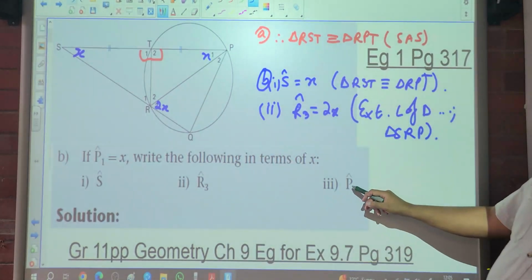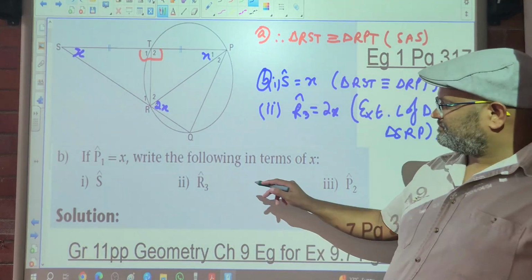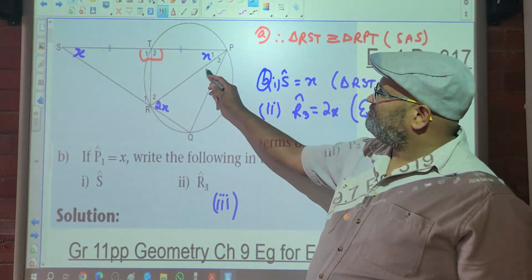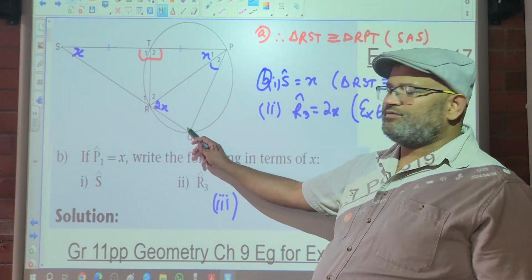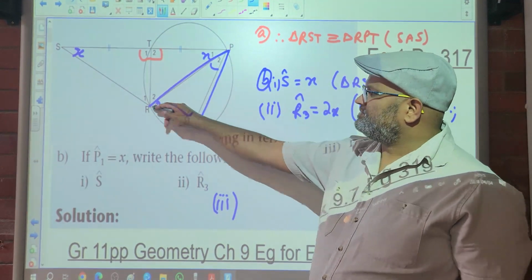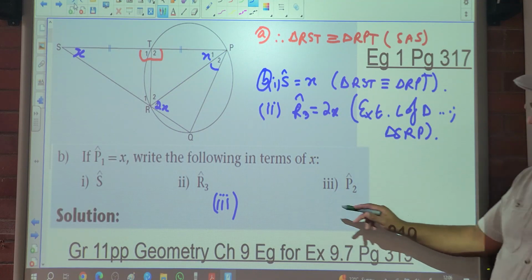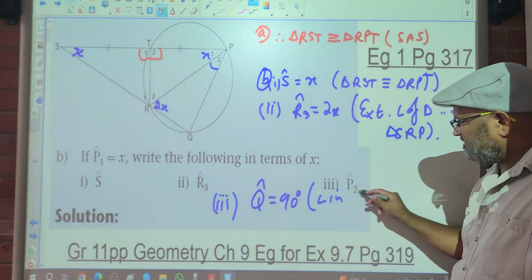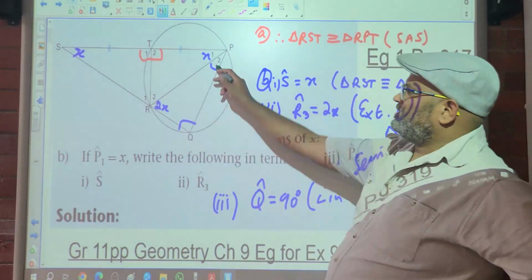Number 3, P2. I'm going to calculate P2. What do I need? Q. If I've got Q, I can go with sum of angles in a triangle. Not so? But angle Q is equal to what? 90. The angle Q is 90. Why? Angle in semicircle. So I will calculate P2.